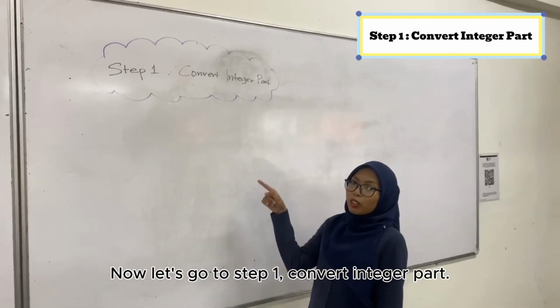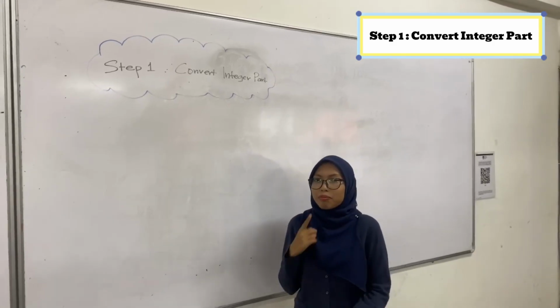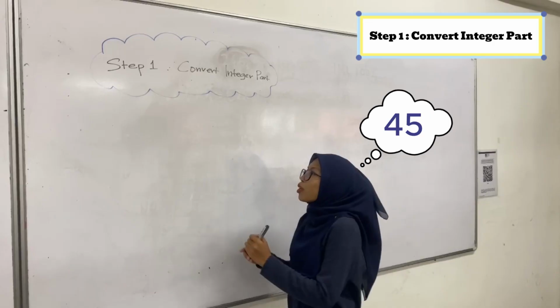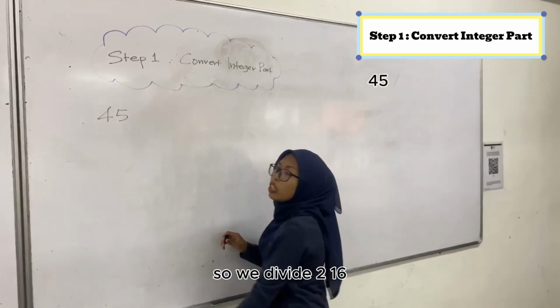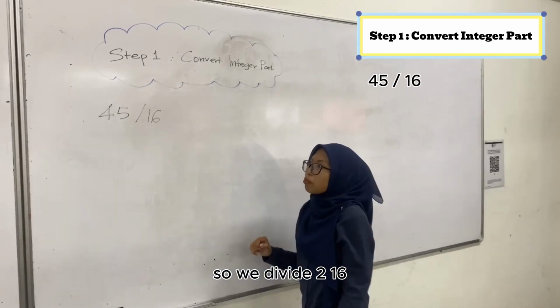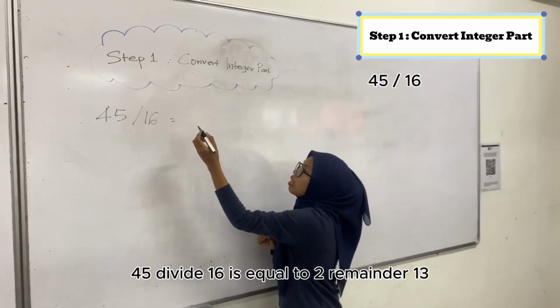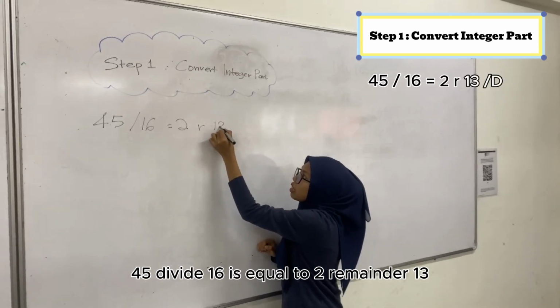Now, let's go to step 1, convert the integer part. Do you remember the number for the integer part? Okay, the number is 45, so we divide by 16. 45 divided by 16 is equal to 2, remainder 13.